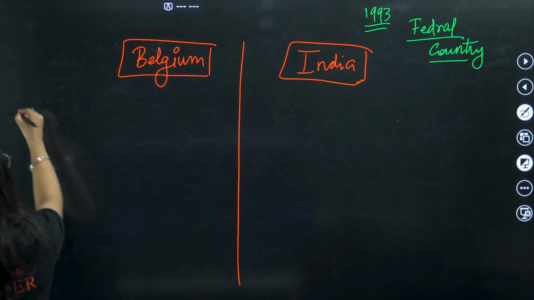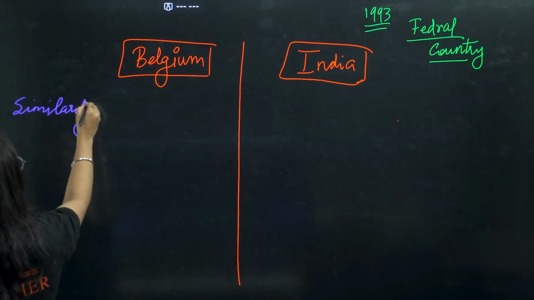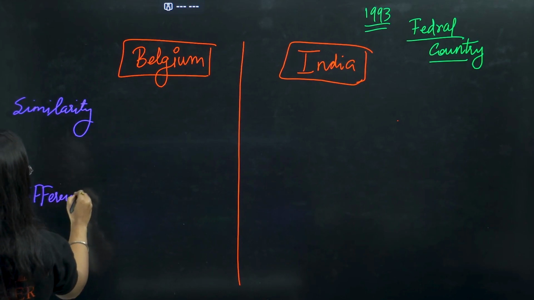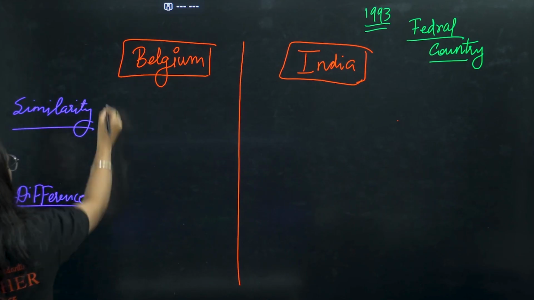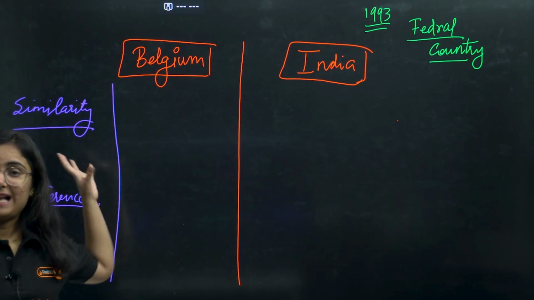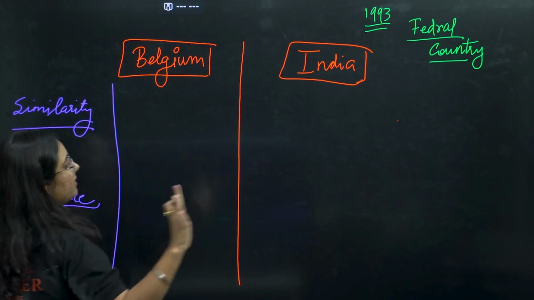But there is one similarity and one difference between the federal structure of Belgium and India, and we will talk about this. The similarity between Belgium and India is that both have adopted a federal structure.